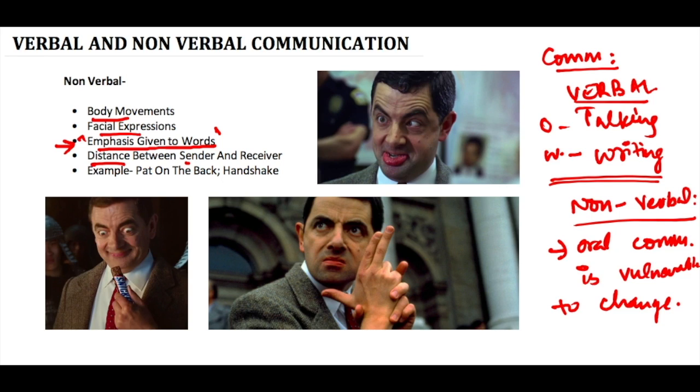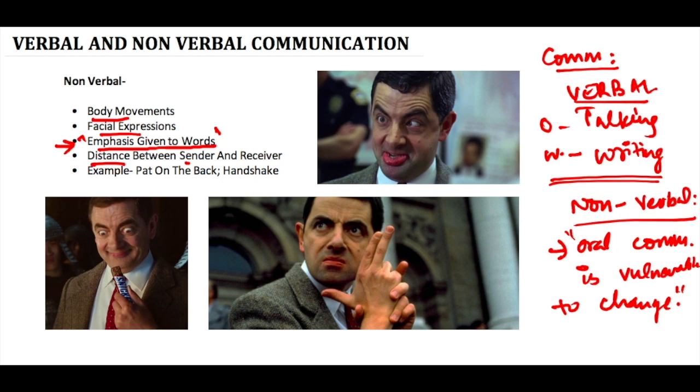If I had written simply that oral communication is vulnerable to change, whereas written communication is permanent and therefore cannot be changed, let me say it without emphasizing any word, and then let me say it with emphasis given to certain words. Oral communication is vulnerable to change, whereas written communication is permanent and therefore cannot be changed. So there's a difference.